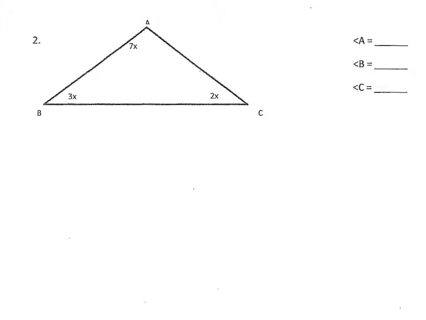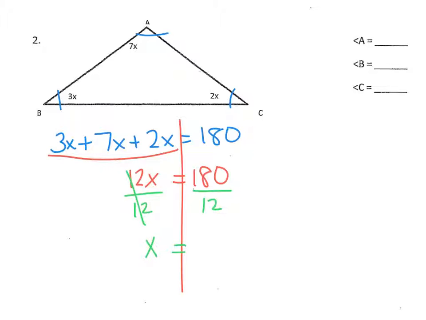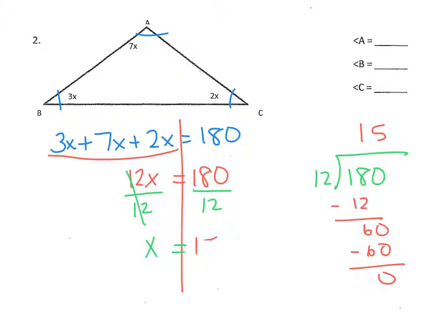We'll do one more example. In this one, if we add all these angles together, we have 3x plus 7x plus 2x equals 180. To solve this, I'm going to add these all together, which is 12x, and then divide both sides by 12. So x equals, and I can set up my long division. 12 goes into 18 once, 12 goes into 60 5 times, so x is 15.